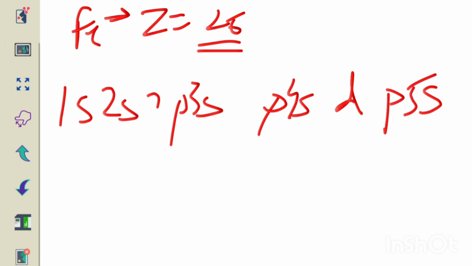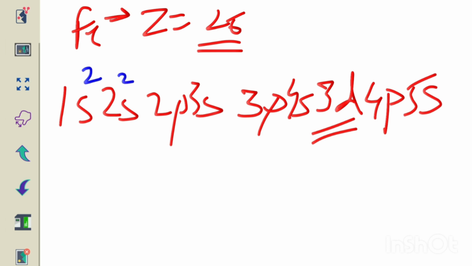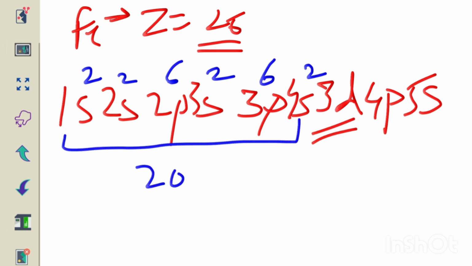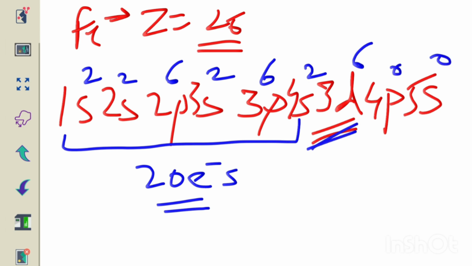Similarly 2, 3, 4, and then here 3d. Now start filling the electrons: 1s2, 2s2, 2p6, 3s2, 3p6, 4s2. Here you get 20 electrons. Now 6 electrons will come here, 3d6. So this will be the electronic configuration for Fe, that is, for iron.